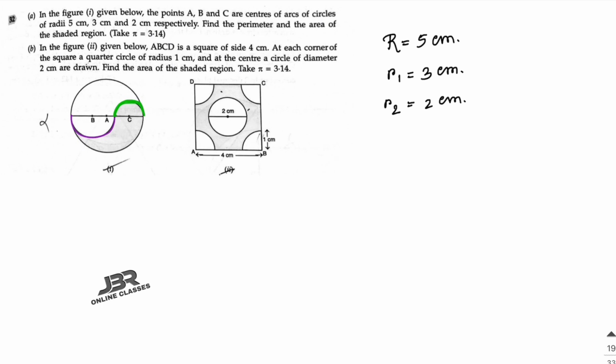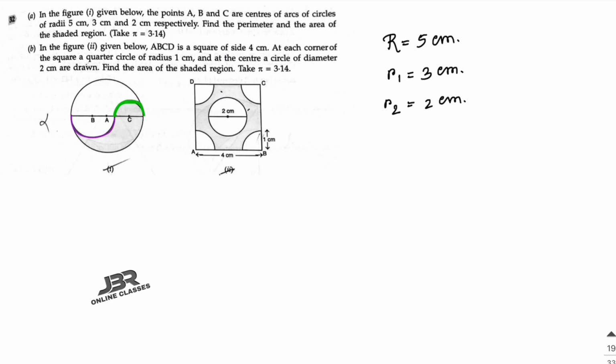So here the perimeter of the shaded region will be, first you have to find the circumference of the bigger one, the circumference of the circle with radius 5 centimeter. Then you have to add the circumference of radius 3 centimeter and the circumference of radius 2 centimeter.